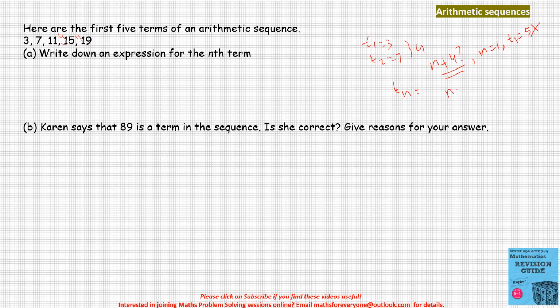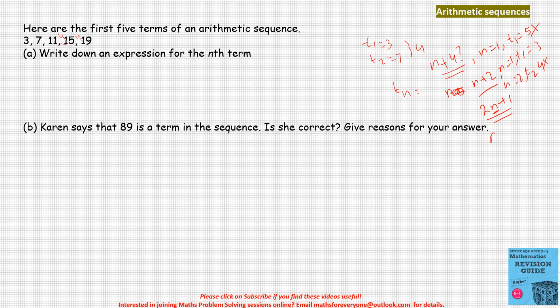So can the first term be 3? How do we get 3? If we put n plus 2, then if n is 1, T1 is 3. But what about T2? If n is 2, T2 becomes 2 plus 2, 4. So that's wrong, it's not working. Then what are we going to do? If we put 2n plus 1, what do we get?